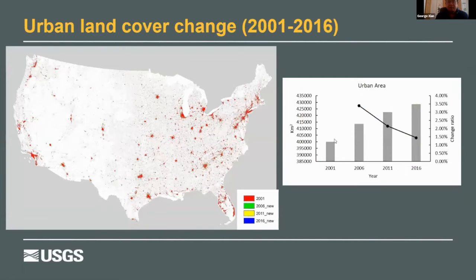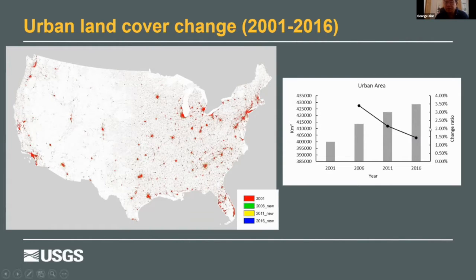And then from this one, we can get the entire US urban development distribution. For example, on the left side, the red color shows 2001 urban, the green shows 2006 urban, the yellow shows 2011 urban, and the blue shows 2016 urban. Through this way, you can see the urban development in the entire US.